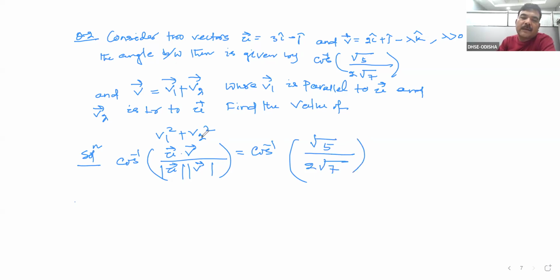So we can cancel cos inverse from both the sides.